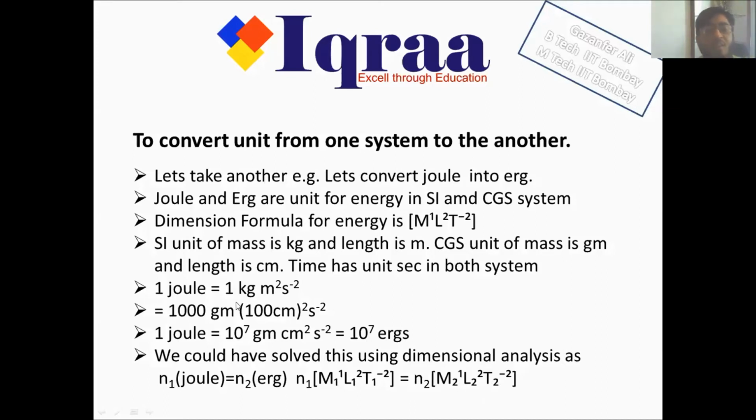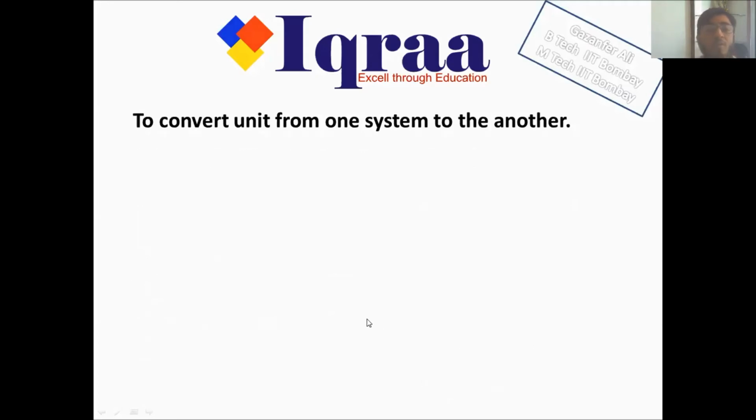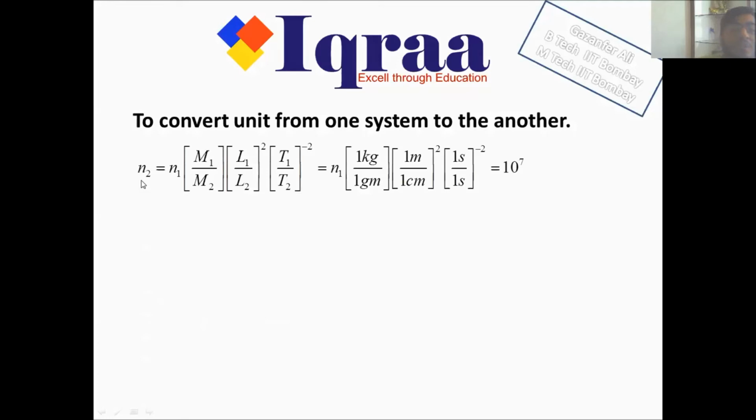Then what we have done here is 1 kilogram meter square per second square is 1000 gram 100 centimeter square second square. So this is how we can write the formula here, or we can write in general N2 is equal to N1, M1 upon M2, L1 upon L2 square, T1 upon T2 to the power minus 2.